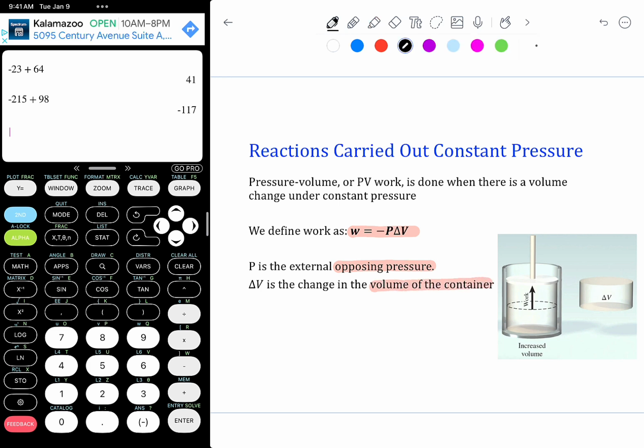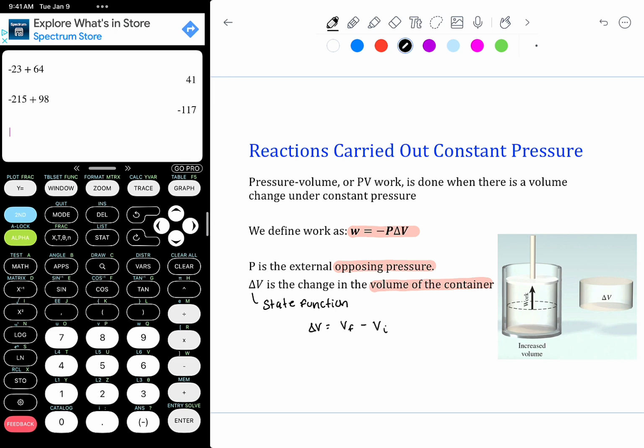Delta V is a state function. We know that delta V is equal to V final minus V initial.